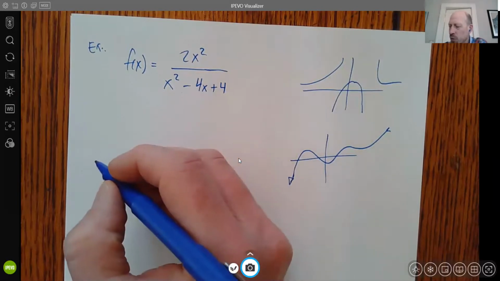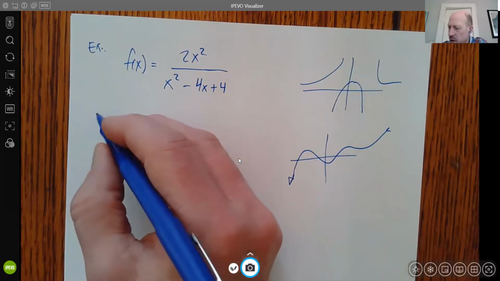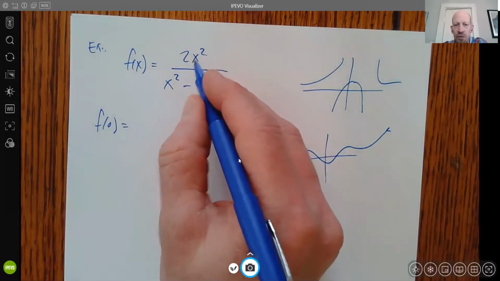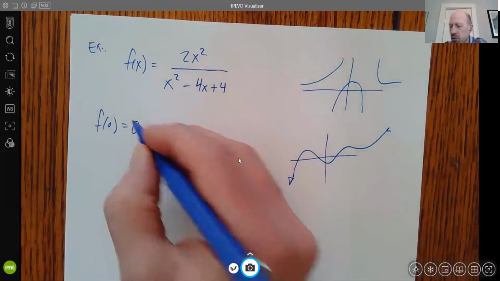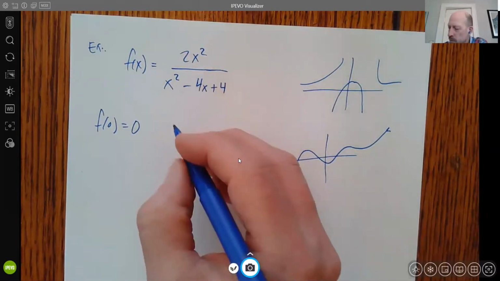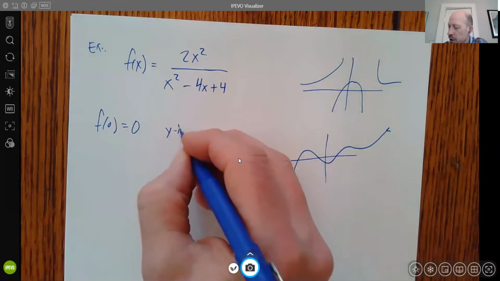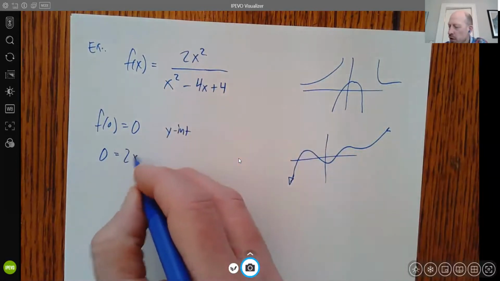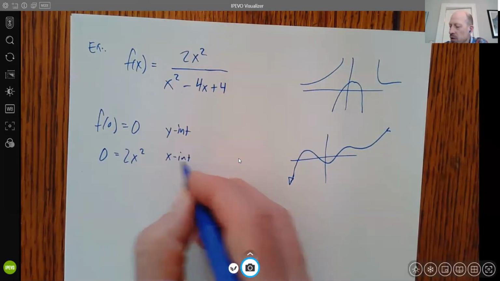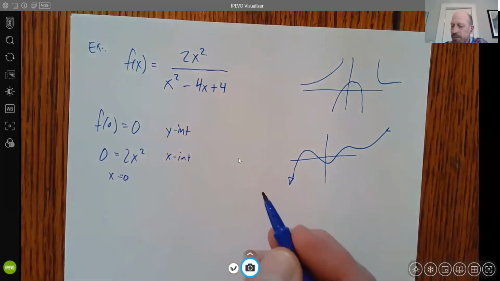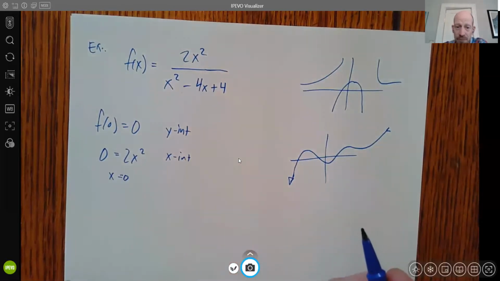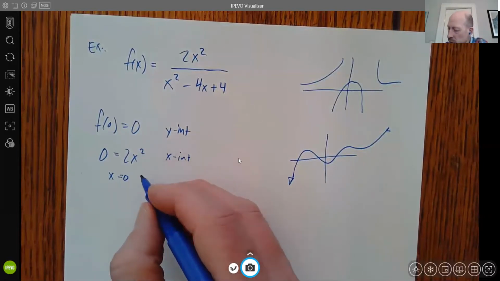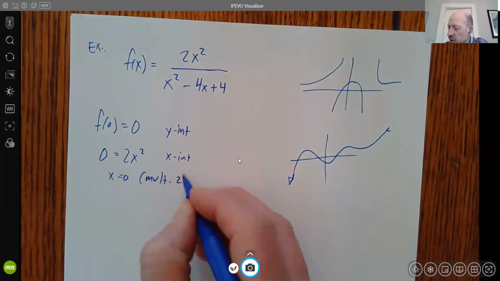I always like to start with the intercepts. That's just me. So f of 0 equals 0 over 4, which is 0. So that's the y-intercept. And then, of course, the numerator is going to generate the x-intercept, but that's also just x equals 0. Notice, however, this x equals 0 has multiplicity 2.